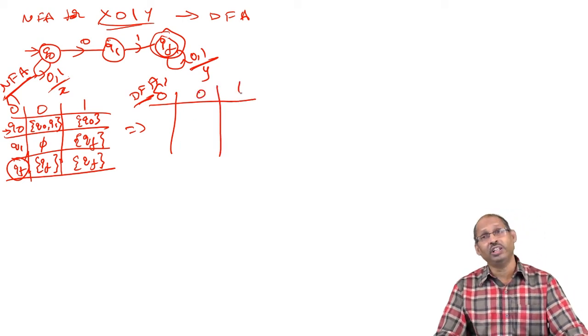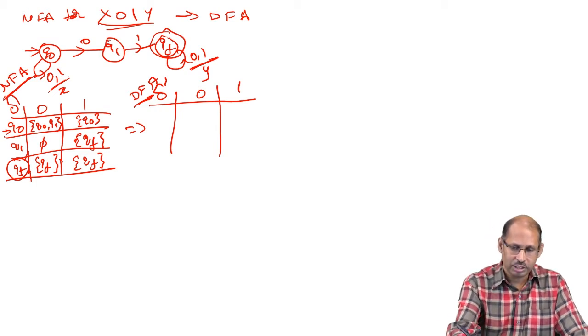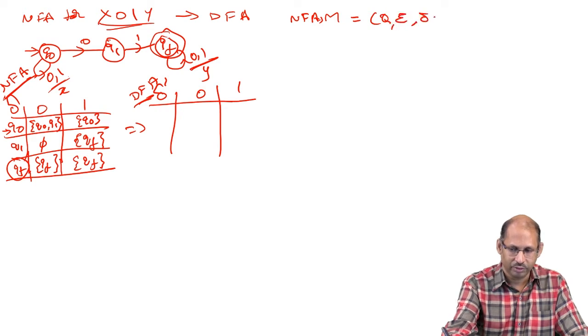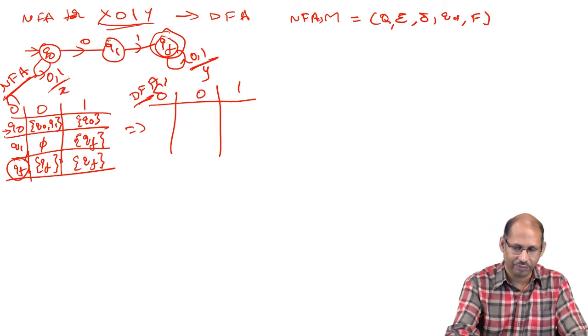For the conversion, first we consider that this is an NFA in five-tuple notation, with an initial state and final states. Now we have to convert it to DFA.